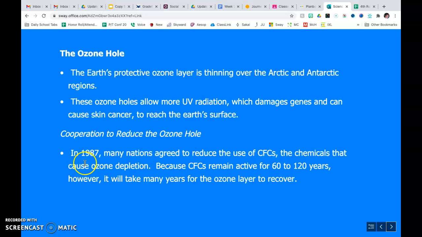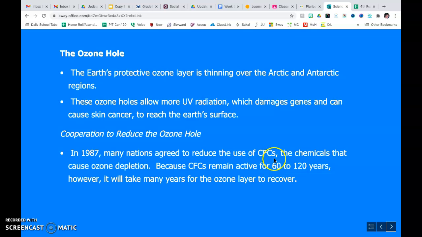So in 1987, many nations agreed to reduce the use of CFCs, which are these chemicals that cause ozone depletion. And because the CFCs remain active for anywhere from 60 to 120 years, we're still within that, it will take many years for the ozone layer to recover.